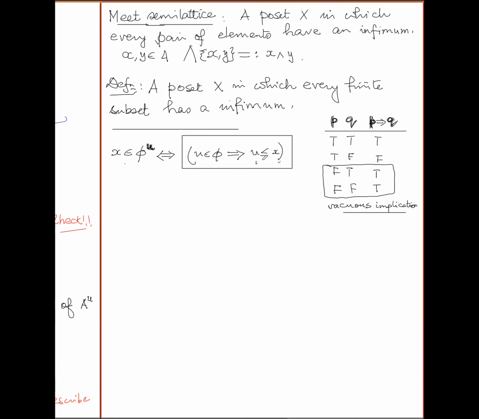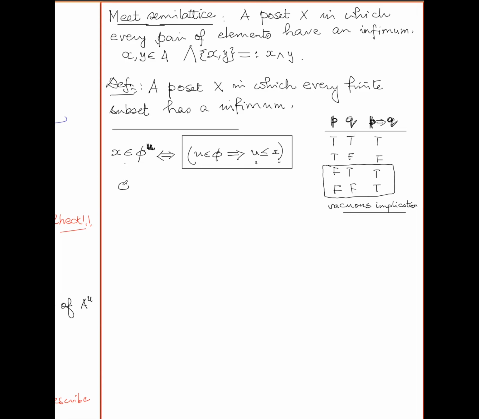So it says that X is any member. What does it say about X? So it says that for any member of the partially ordered set, it is an upper bound of the empty set.